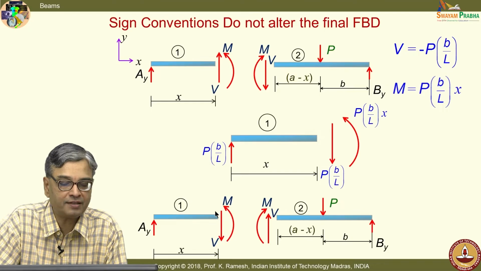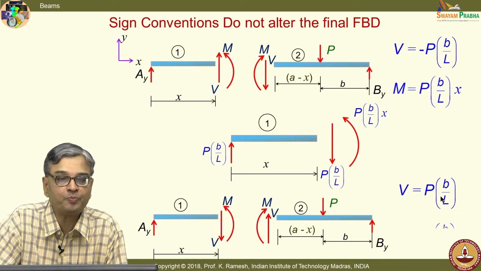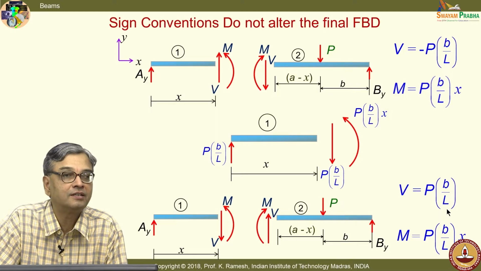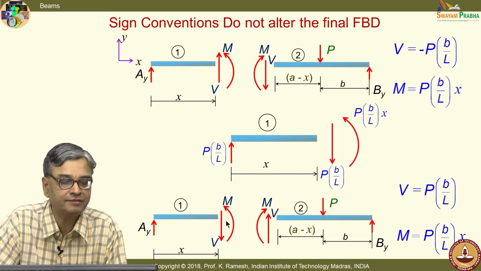Now, let us look at the sign convention by Merriam. To start with, in the free body, we have assumed this as the direction V. And what is the answer that we have got? V equal to PB by L. So, if I want to write the final free body, I do not have to change this direction, and I have M as PBx by L. So, this will not change.